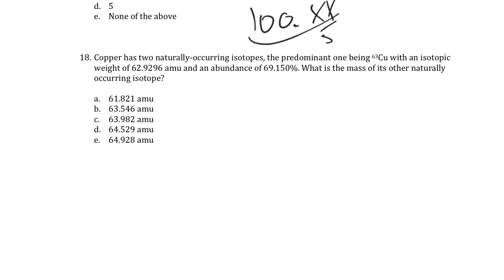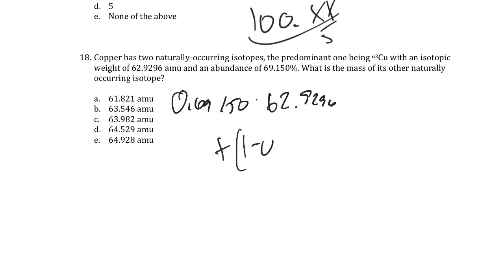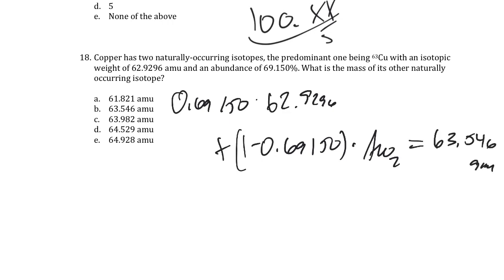I think we worked, in fact this might just be a poor example of a problem we've mostly already worked out, but we just take the fraction that's copper-63 times that atomic weight, plus the fraction that's the other, so that would be 1 minus 0.6915, times the atomic weight of that second isotope, and that's going to equal the average atomic weight, which is 63.546 AMU.